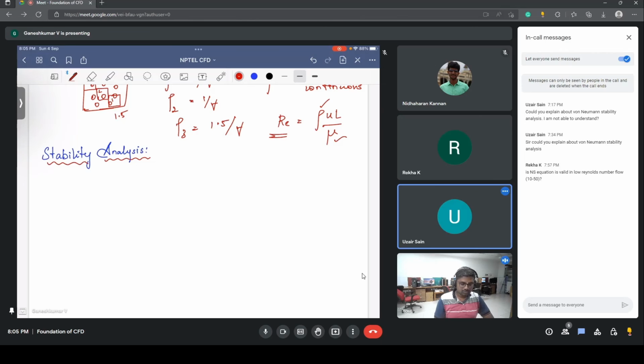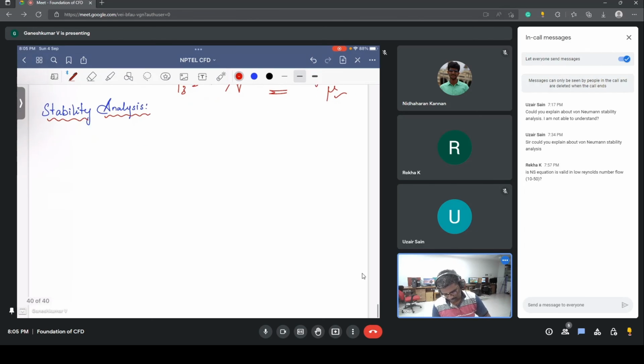In our case, let's say we have a continuity equation, ∂u_i/∂x_i = 0, or let's say ∂u/∂x + ∂v/∂y + ∂w/∂z = 0.